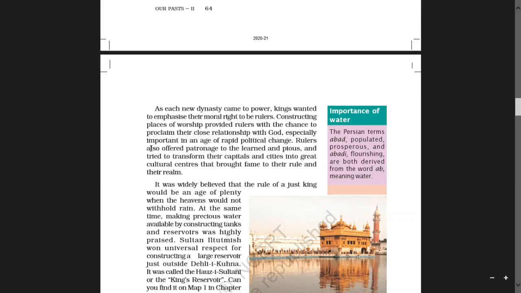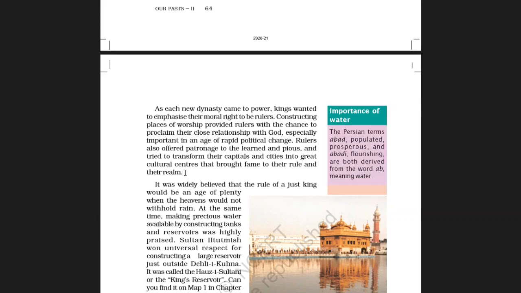Rulers also offered patronage to the learned and pious and tried to transform their capitals and cities into great cultural centers that brought fame to their rule and their reign. Patronage means the support given by a patron.